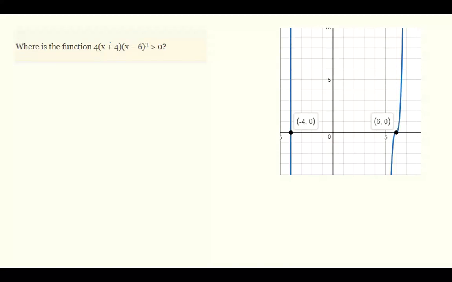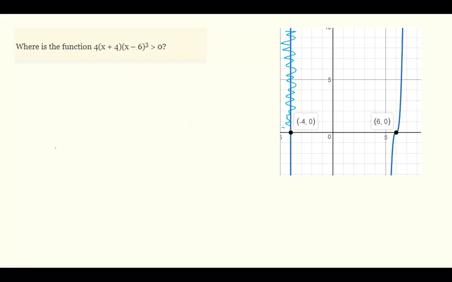Where is the function 4 times the quantity x plus 4 times the quantity x minus 6 to the third power greater than 0? For this one, I just graphed it. And we want to know, where is it greater than 0? So these are the values where the function is greater than 0, where it's above the x-axis. So there's two places where that occurs.